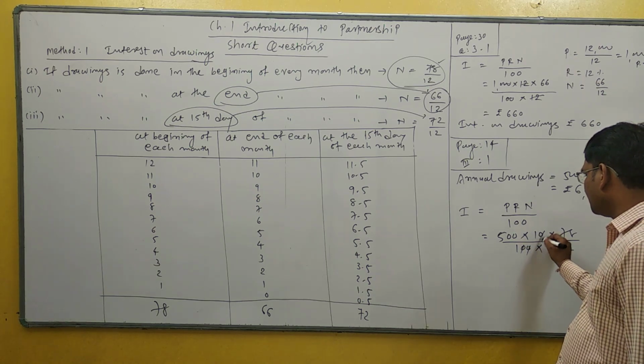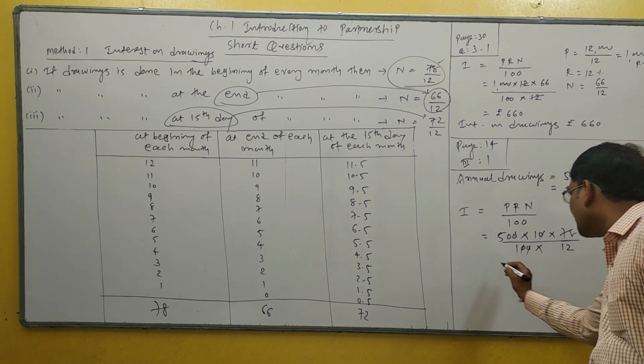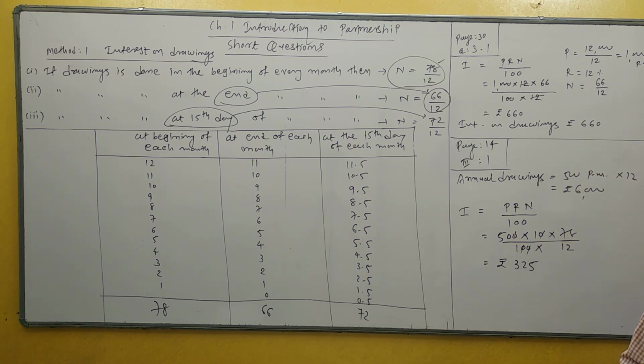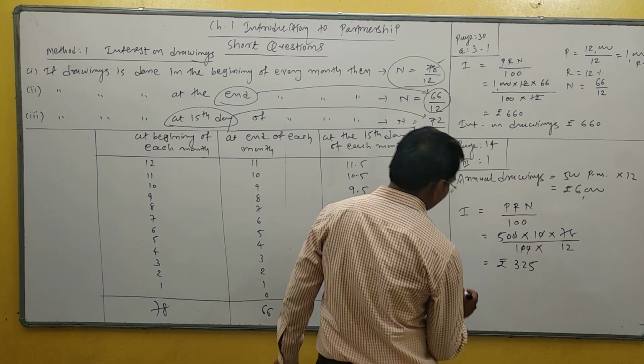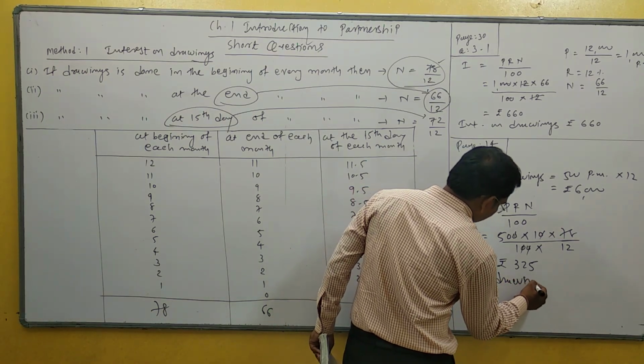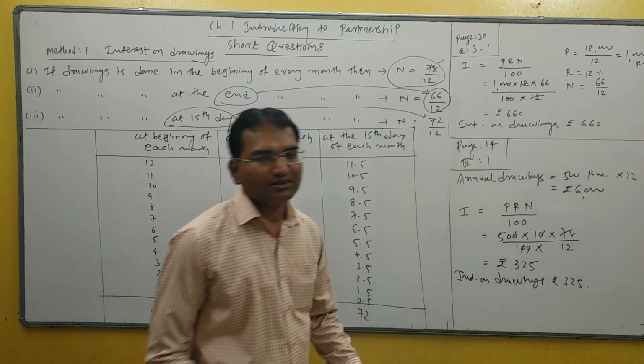Here 0 cancels. 50 into 78 divided by 12. So final simplification 325. So what is your answer? Interest on drawing is rupees 325. So I understand.